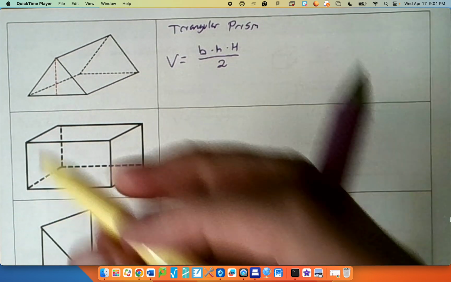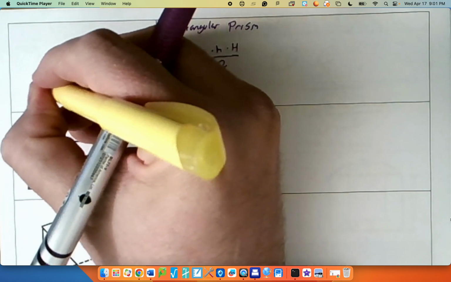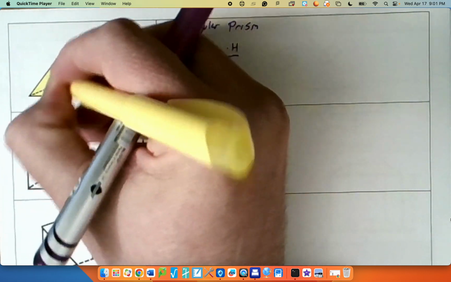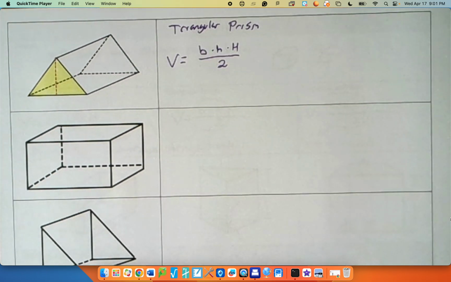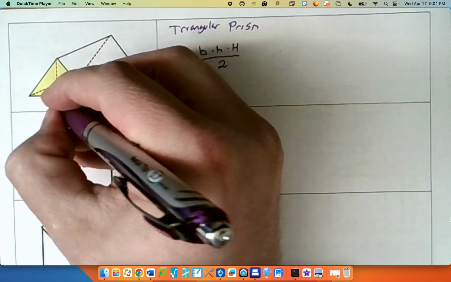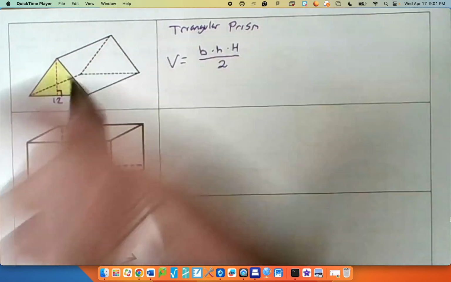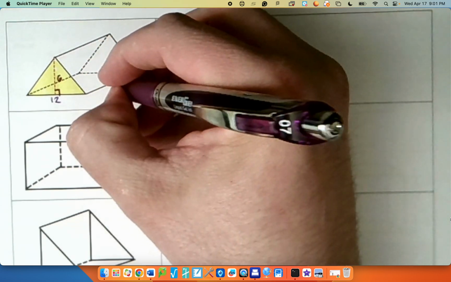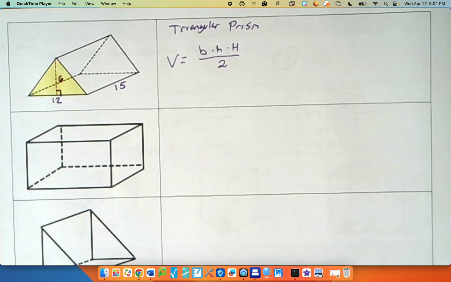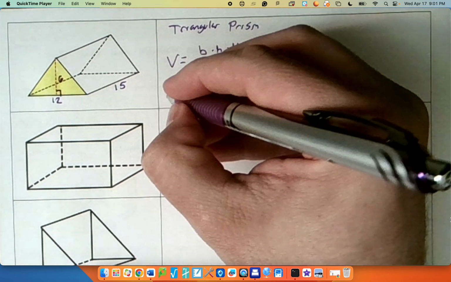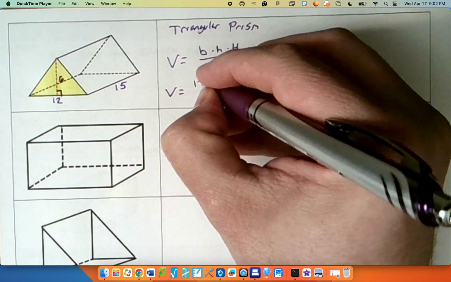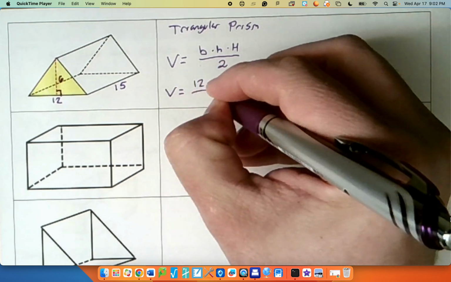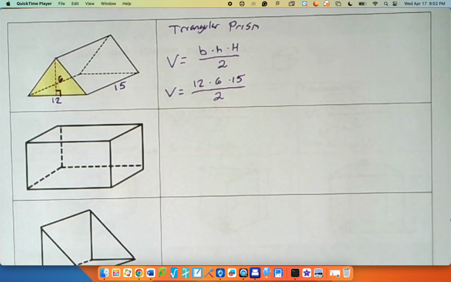I'm going to start by filling in the information we get from just the triangle. This number right here is going to be 12. Here's that right angle symbol. This number is going to be 6, while this number over here is 15. So when I plug this in, I get 12 times 6 times 15, all divided by 2.